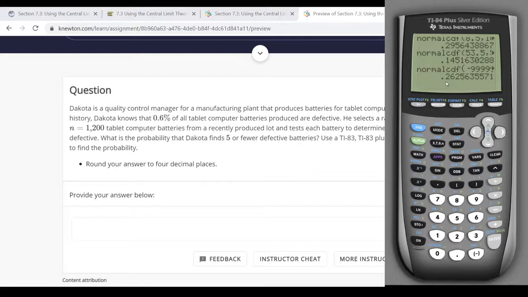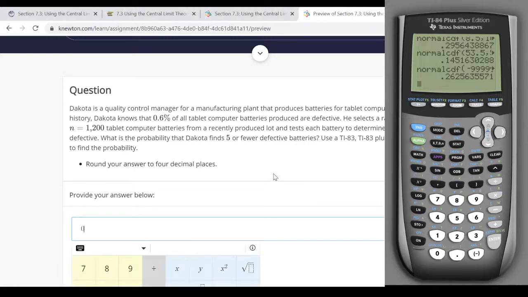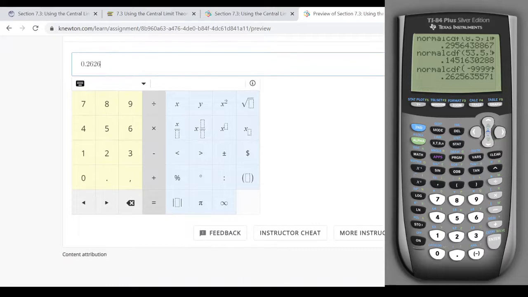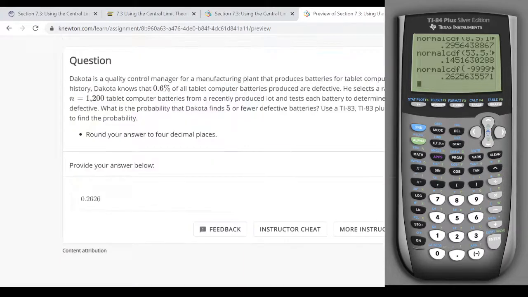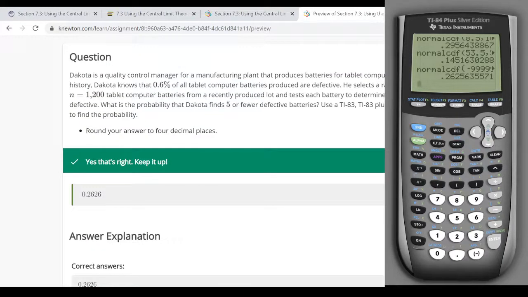And we're getting 0.26256, but rounded to 4 decimal places would be 0.2626. So 0.2626. Let's see if that comes up with what they wanted. Great.